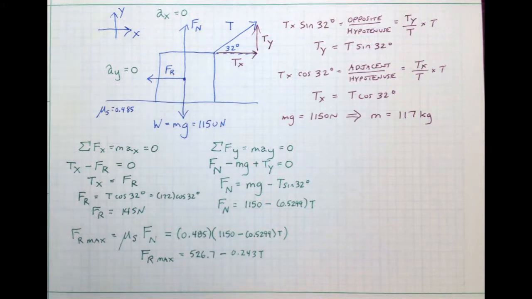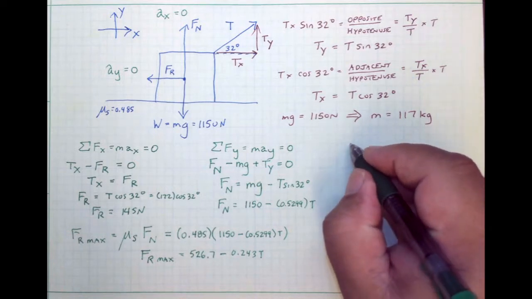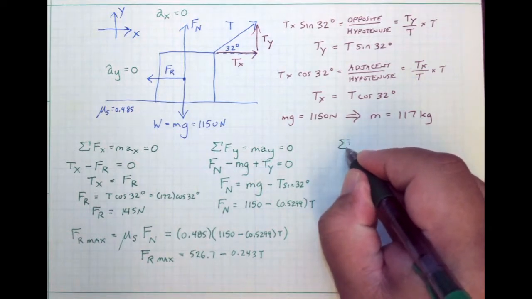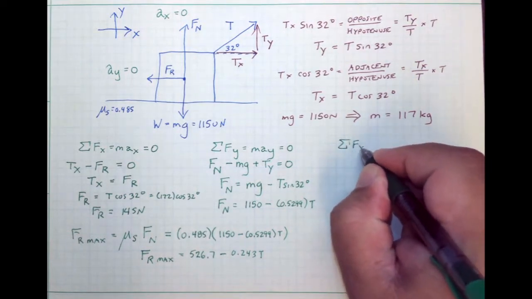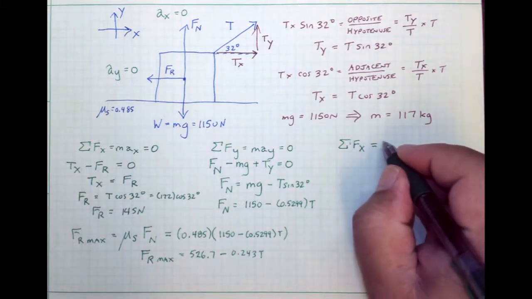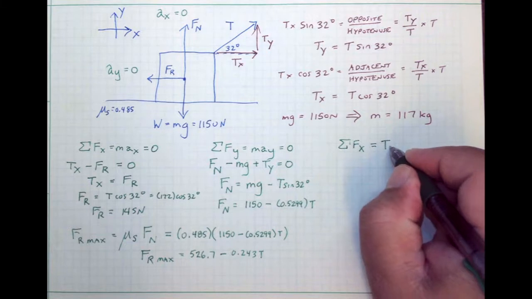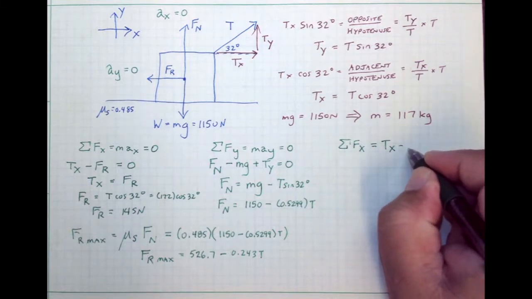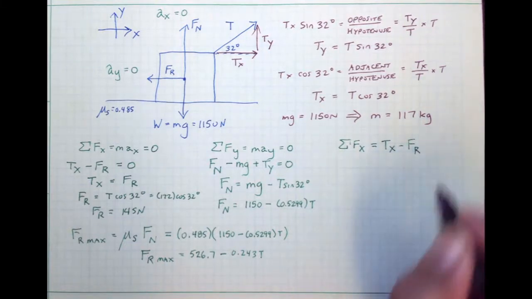Finally, we are asked, what minimum force must the man exert on the rope to move the crate? Well, once again, we take a look at the forces in the x direction. We see that those forces in the x direction are going to be the x component of the tension minus this static friction force.